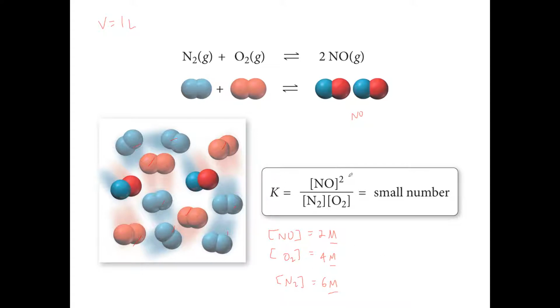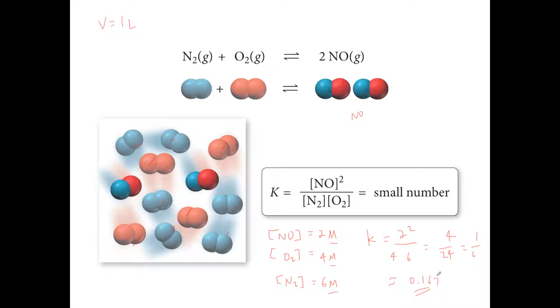Okay, if this is at equilibrium, then K is going to equal NO squared over 4 times 6, which is equal to 4 over 24, which is equal to 1/6, which is approximately equal to 0.167.